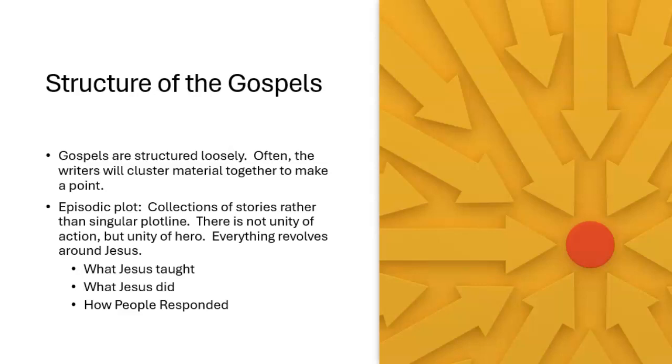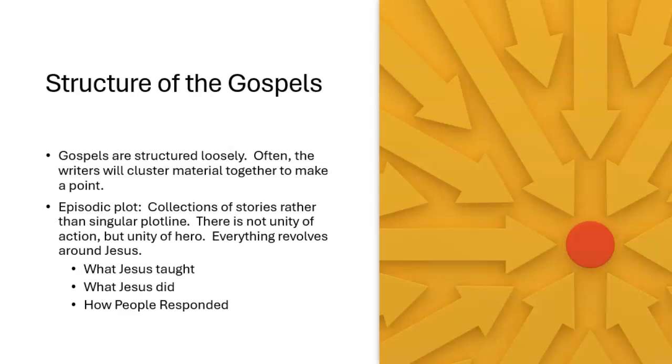And that's where the chronology will sometimes mess up because they're gathering the material for another purpose. So in that sense, the Gospels are more than a singular plot line. They're more like a collection of stories. What Jesus taught, what Jesus did, and then how people responded to it.